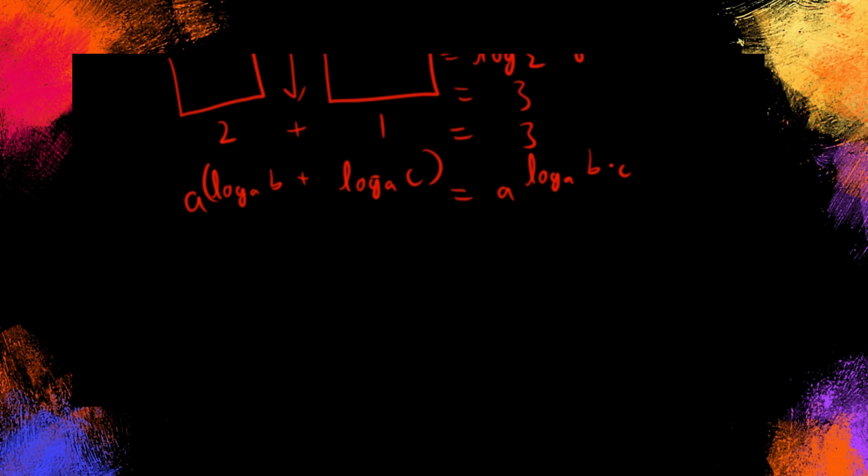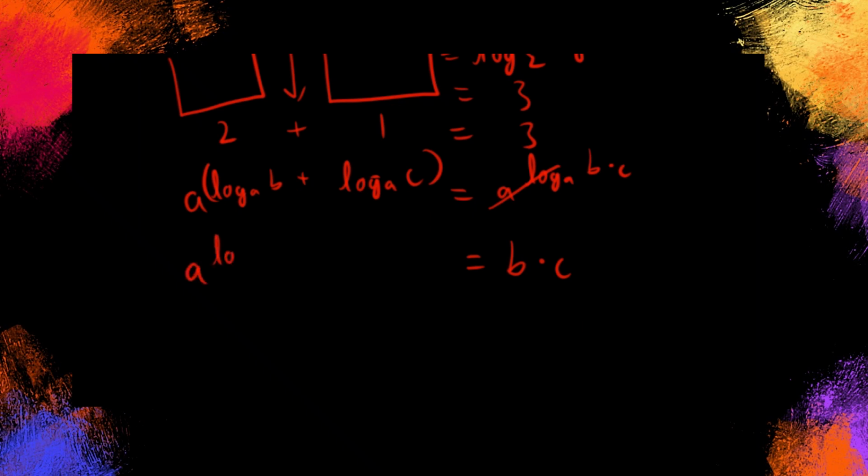Now, remember from last video, the logarithm is essentially the inverse of exponentiation. So when you have the same base here, these essentially cancel out. On this side, a and log a cancel, and you're left with b times c. And on the left side, remember when we have a sum inside an exponent, that really translates to multiplication.